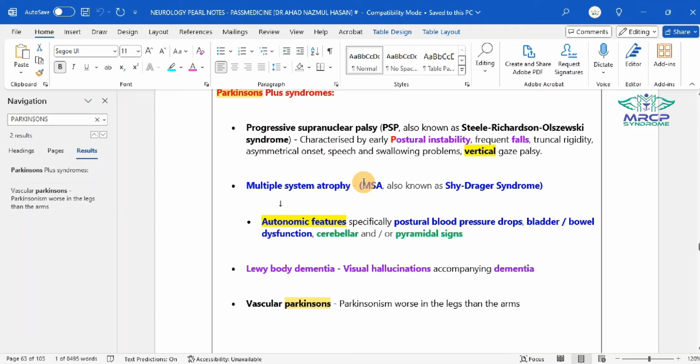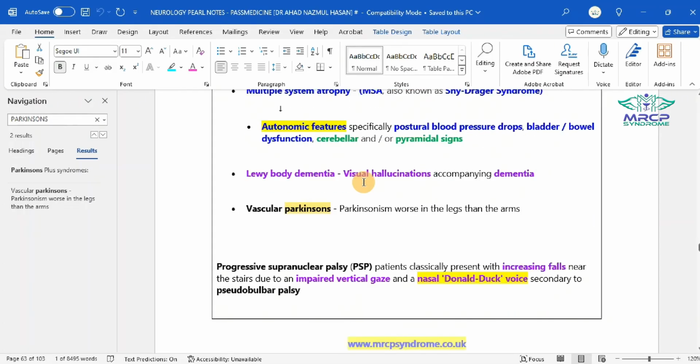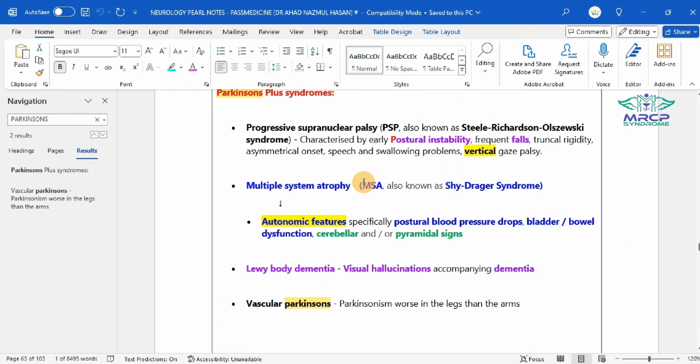So it can be progressive supranuclear palsy, also known as Steele-Richardson-Olszewski syndrome. It can be multi-system atrophy, MSA, also known as Shy-Drager syndrome. It can be Lewy body dementia. It can be vascular Parkinsonism.